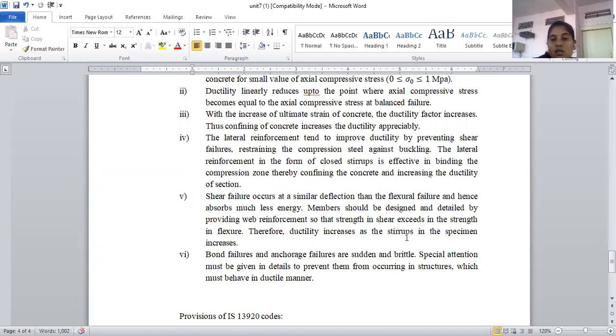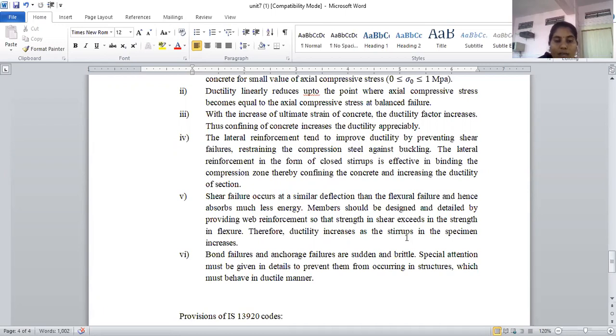And the last point is we have to make the connections between the stirrups, the beams, the main reinforcement, distribution steel, main steel, stirrups and anchorage bonds. Between these parameters we have to make a good bond. Then and only then can we achieve ductility for the structures.